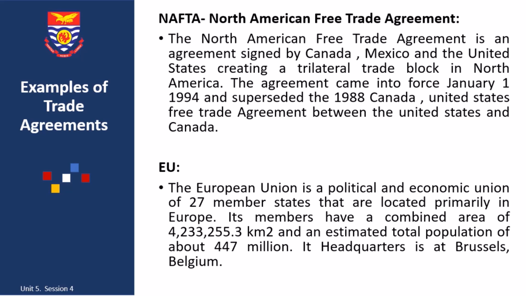So then we come to the EU, the European Union. It's a political and economic union of 27 member states that are located primarily in Europe. Its members have a combined area of 4 million square kilometers and an estimated total population of about 447 million.